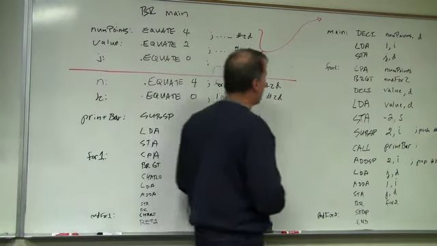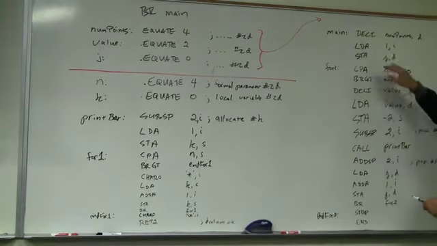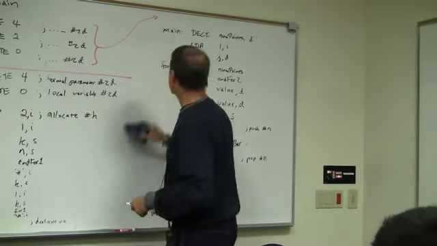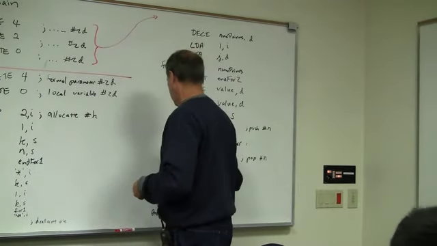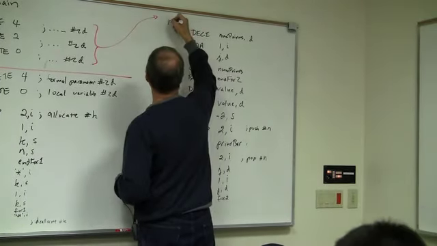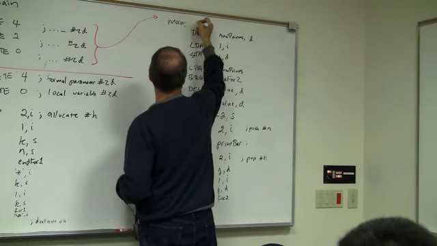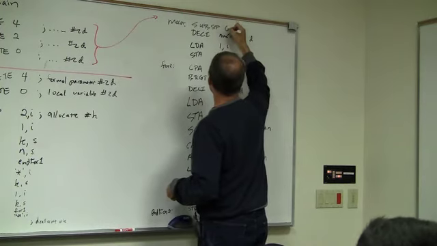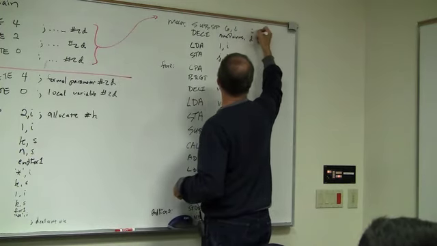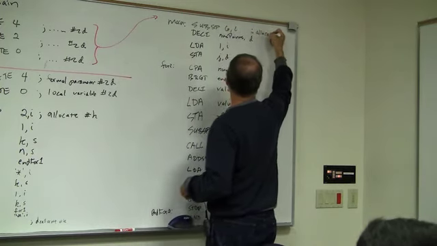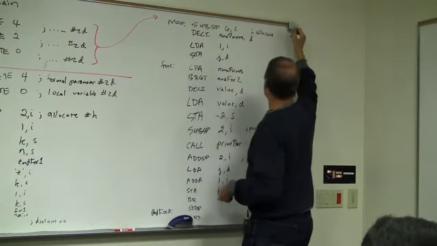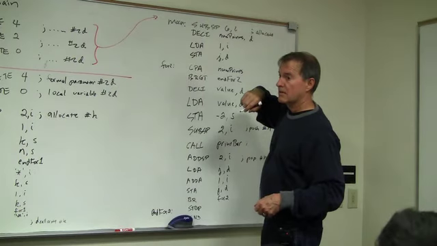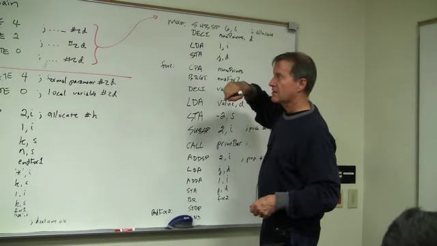But now, instead of having the first instruction in main be deci, what does the first instruction in main have to be? Sub SP. So now our main is here, and we will sub SP by 6 immediate, and we have to allocate in order.